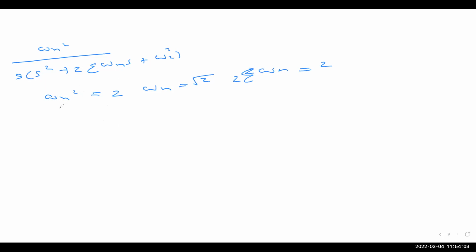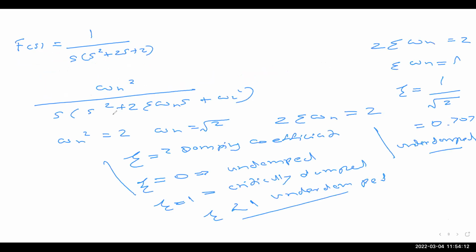So to build the format, we have to go back and check our function. This now. So we got this. We have to get omega n squared on top, right? So that means we have to get 2 on top. So we have to divide this by 2.